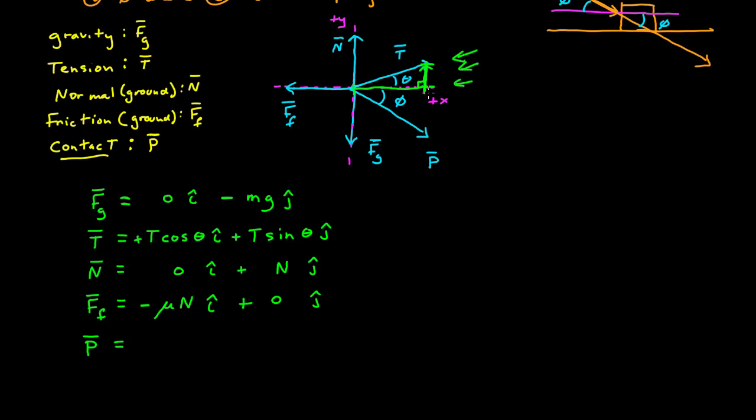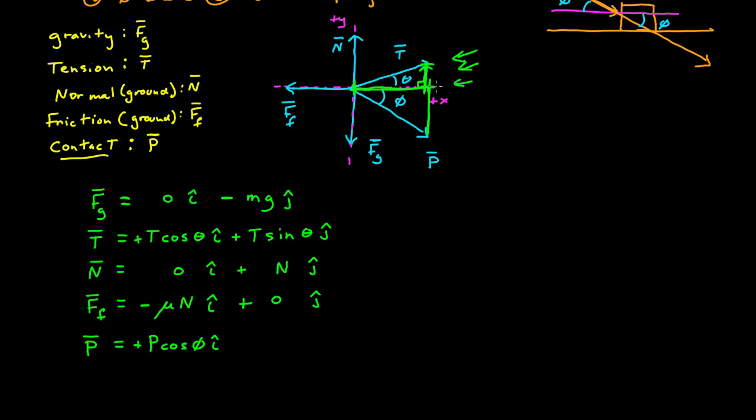Now I'm interested in the x component of this push force, which is the hypotenuse, the magnitude of the push force, times cosine phi i-hat, and looking at my coordinate system, that's in the positive x-hat direction.